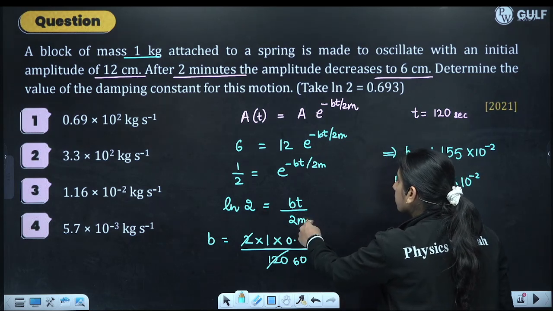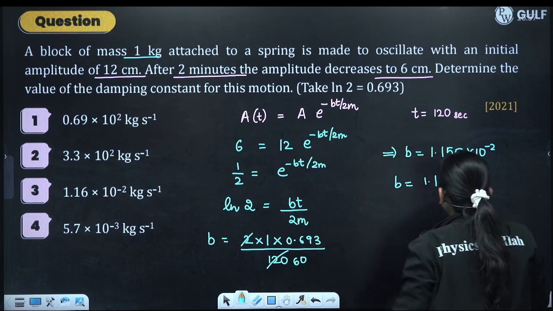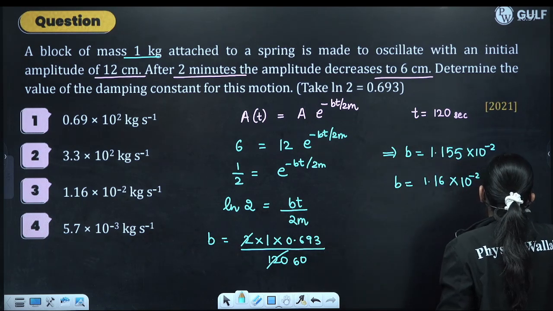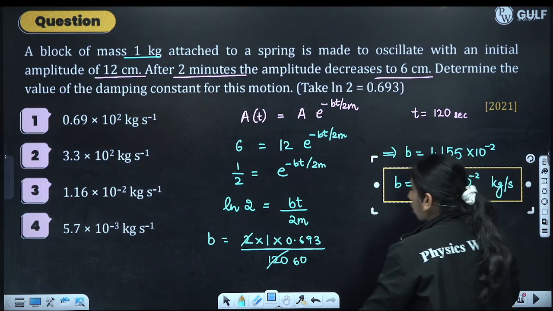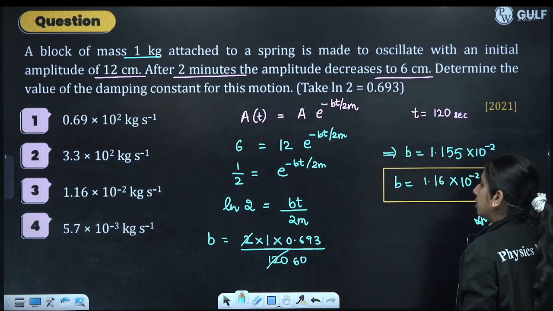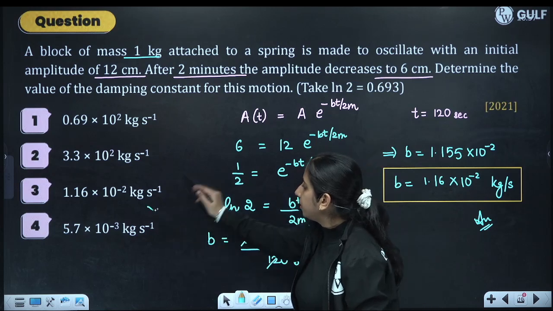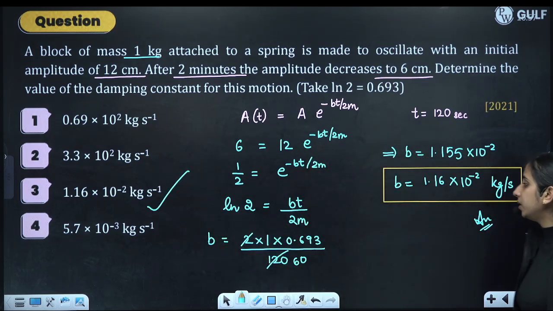Write the unit. Unit will be kg per second. This is the value of b you will get as the answer. Option number 3 will be the answer.